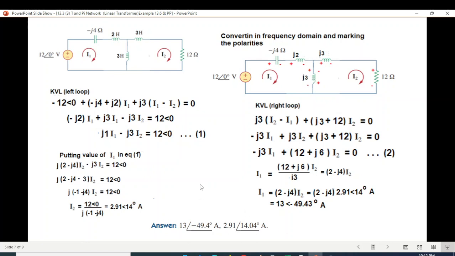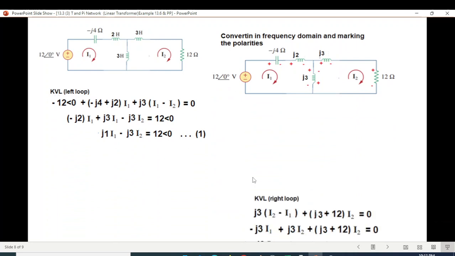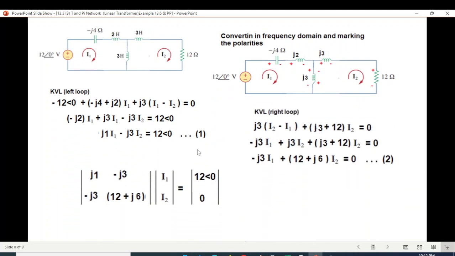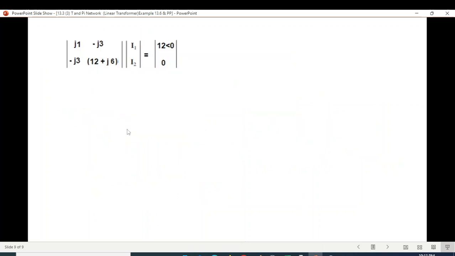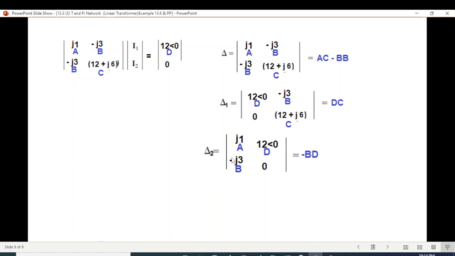Okay, I hope you have learned this, but for those who are interested, I'm just reproducing the matrix method also. So just write the two equations, and from here we write the matrix equation, and we assign the values, calculate delta, delta 1, delta 2, and I1 is delta 1 over delta, and similarly I2.